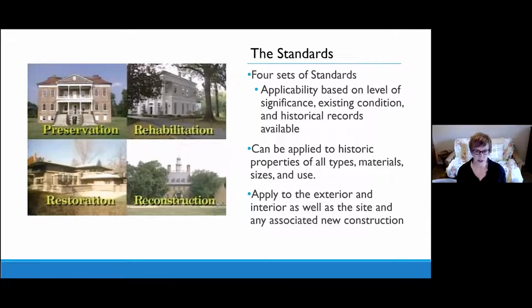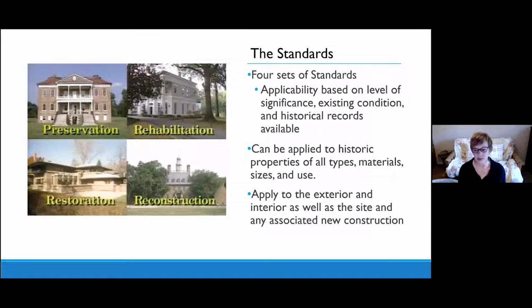Then we also have preservation, which is just maintaining the historic building. It's keeping those key materials, keeping it in its original use, not making any significant changes, and just preserving the building. That's what you'd see with the majority of house museums and major public historic buildings. Preservation is going to be the key.